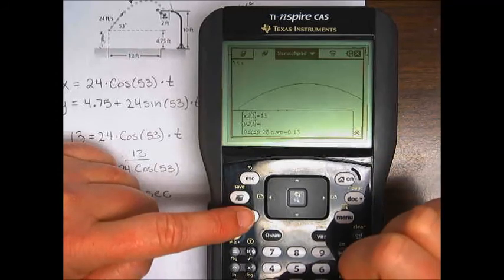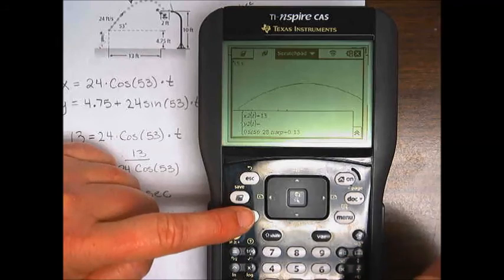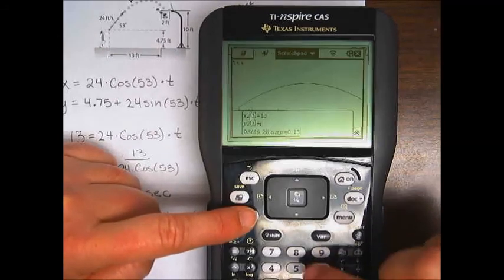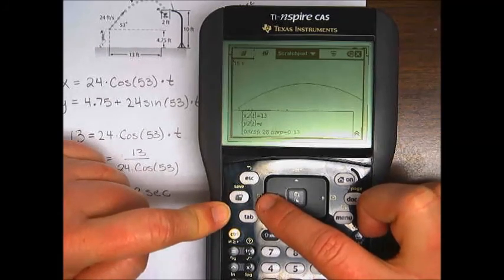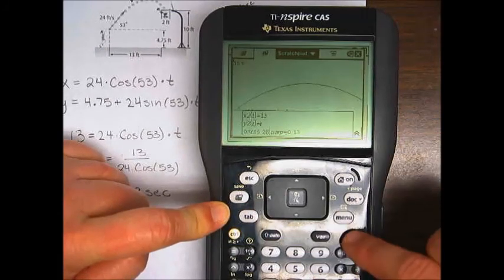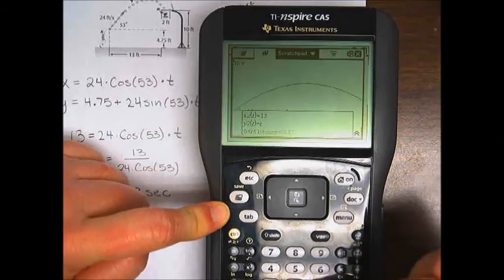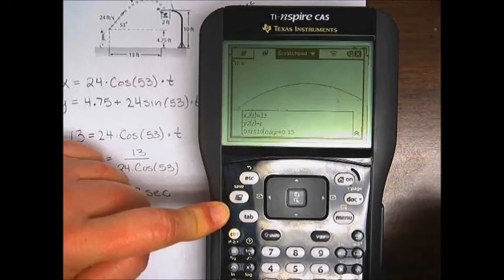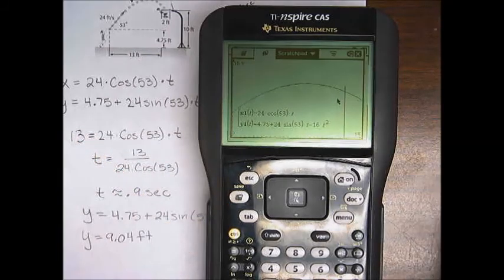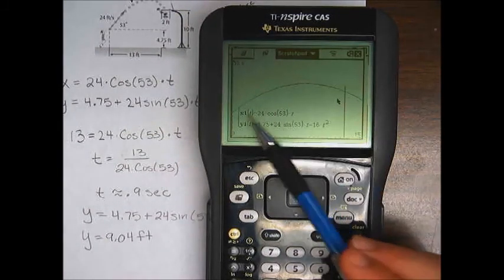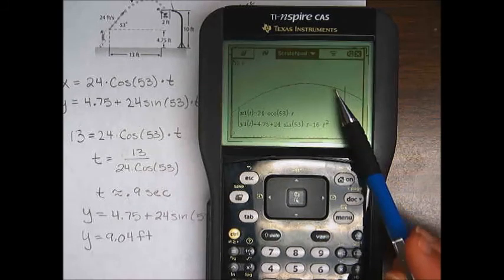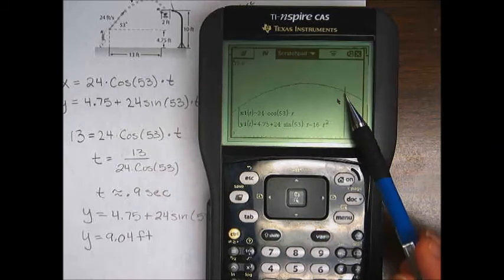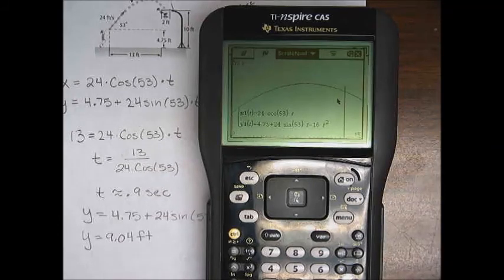So let's say we want that to be t, because that's my variable, and we want t to go in between 0 feet and 10 feet. So I can also get my calculator there to graph the hoop. And now you can see as the ball travels, the ball is going to be below the basketball hoop at 0.9 seconds, and so she will not make the basket.